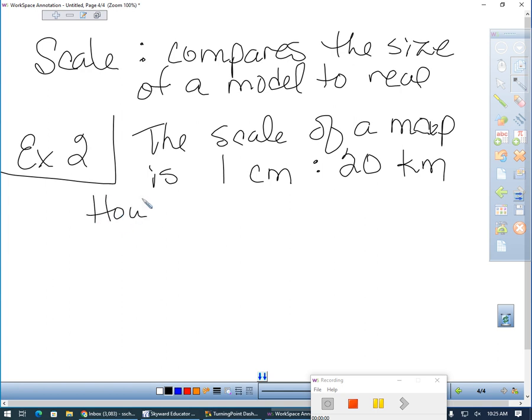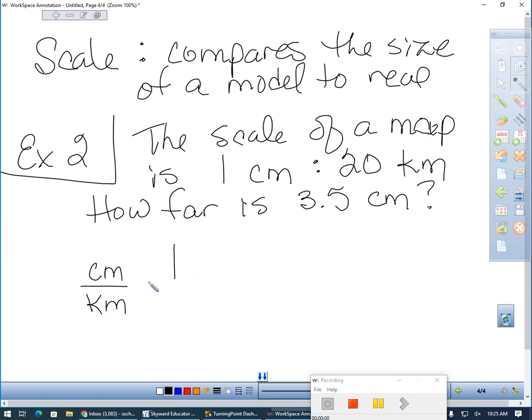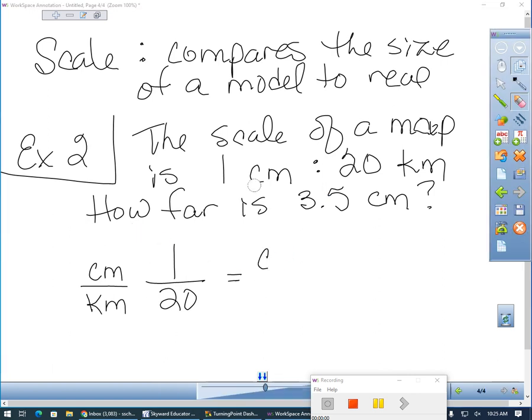How far is 3.5 centimeters? Okay, so we're actually going to use our scale that we're given for our first ratio. We're going to take 1 centimeter, so I'm putting centimeters over kilometers. So I have 1 over 20 equals. Now I know the centimeters, 3.5, but I don't know the kilometers. So centimeters has to go on top, 3.5 over x. Very good.